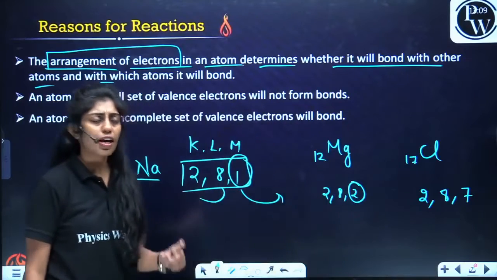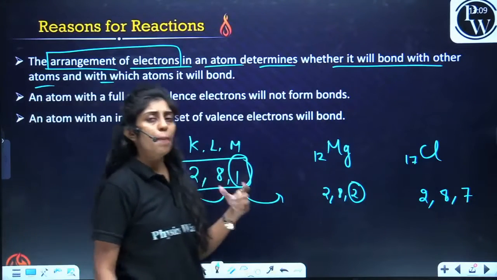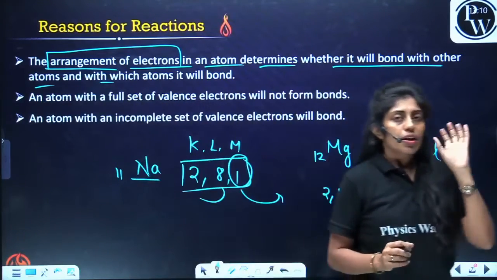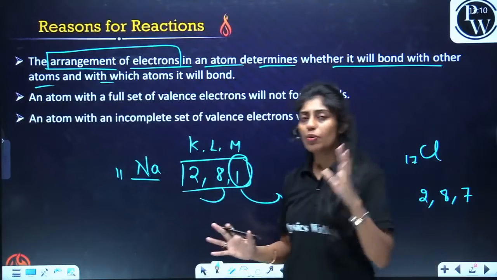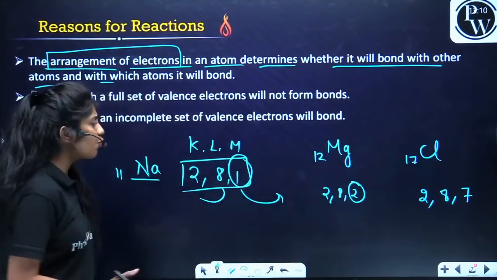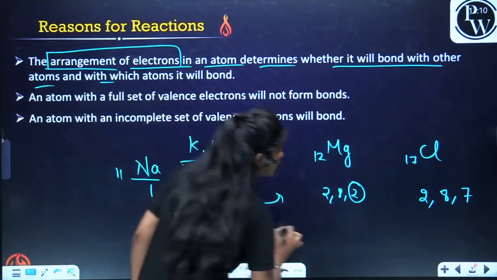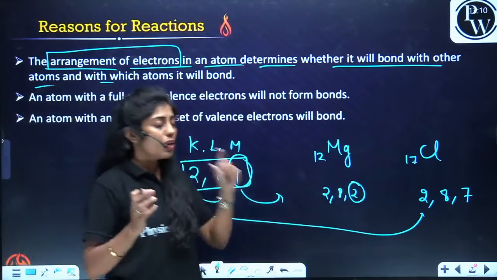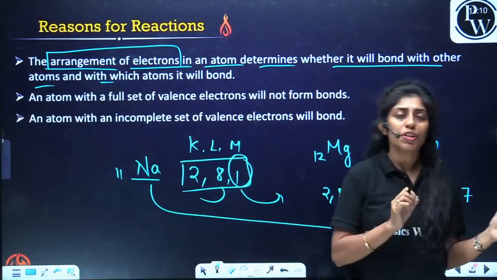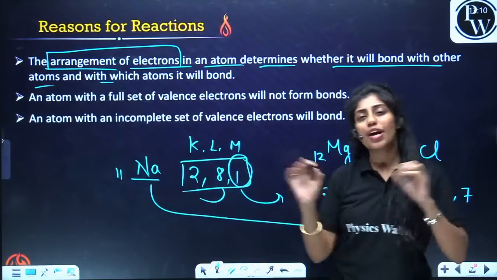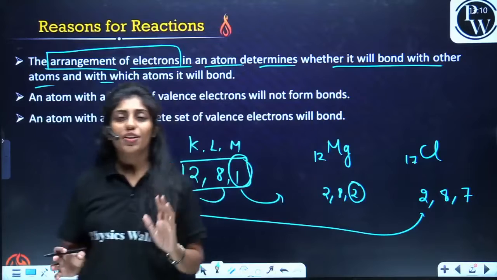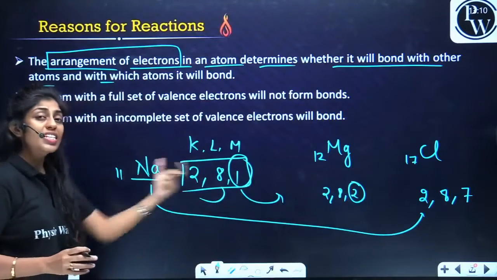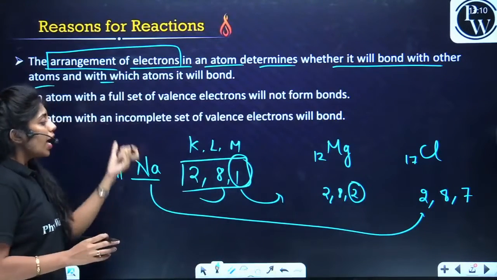So if I ask you, will sodium make a bond with magnesium or chlorine, what will be your answer? Yes, of course. Sodium is going to react with chlorine because they are going to satisfy each other with the donation or acceptance of the electron, or I can say transfer of electron. Are we good?